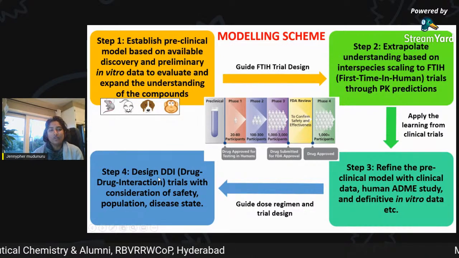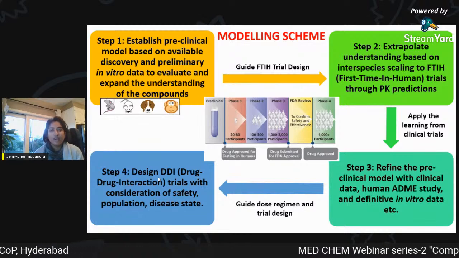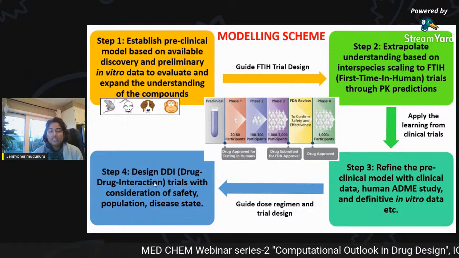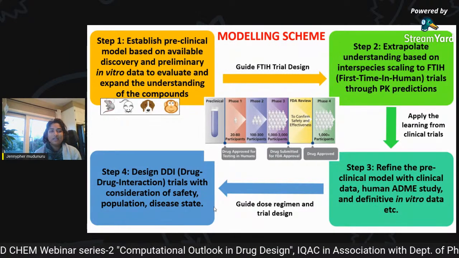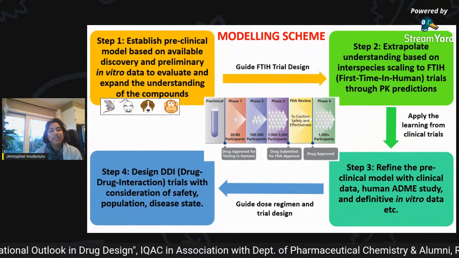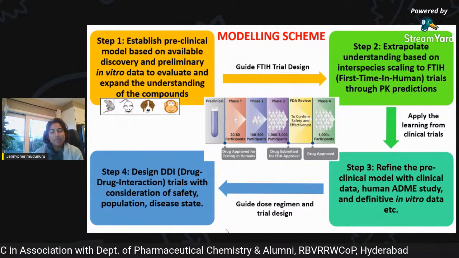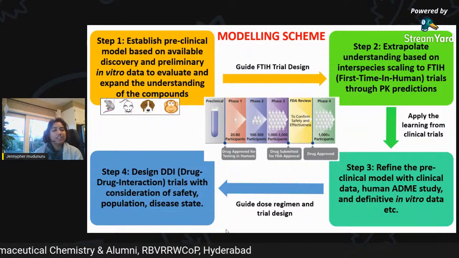Even before going into the drug drug interaction clinical trials, you can first run those using the PBPK models. And not just drug drug interactions, PBPK modeling has expanded quite a bit these days. You can check in various disease populations like renal impairment, hepatic impairment, cancer, pediatrics, quite a few actually.